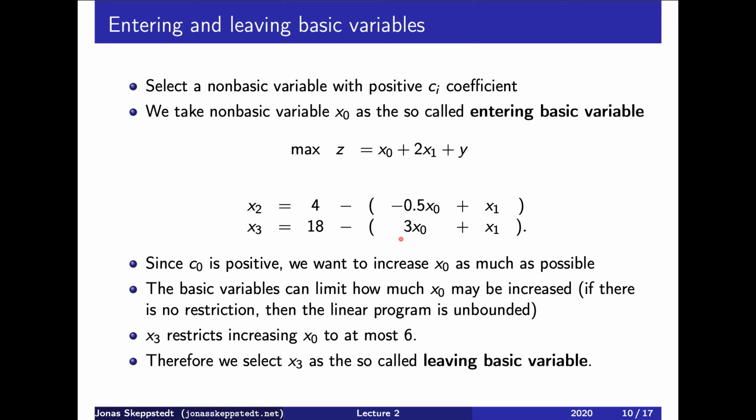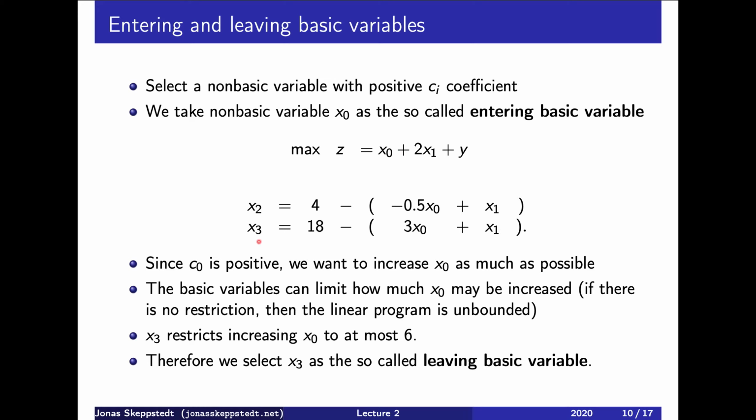Okay, so when we increase x0 as much as possible, what we will do is to switch places between a basic variable and a non-basic variable. We selected a non-basic variable with the positive coefficient.